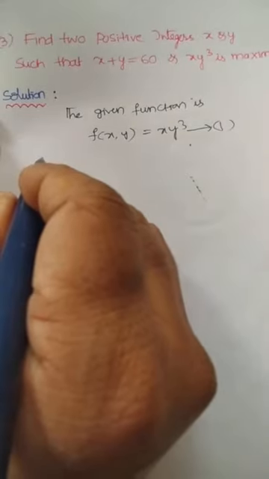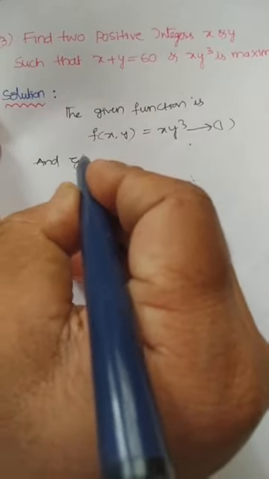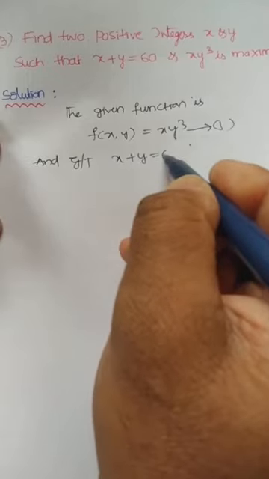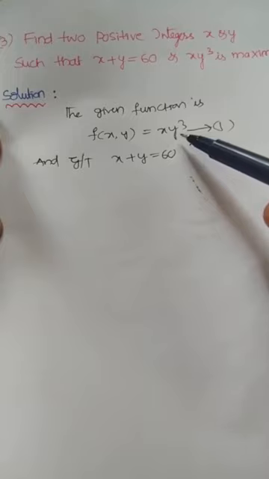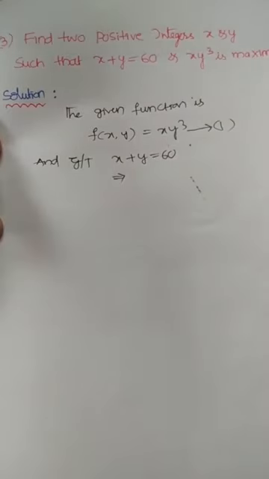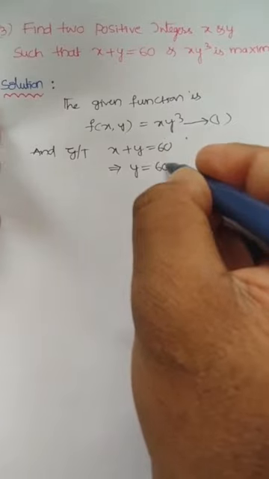And given that x plus y is equal to 60. So as usual we have to make this function in terms of a single variable, so I am finding the y value for it. It implies y is equal to 60 minus x.